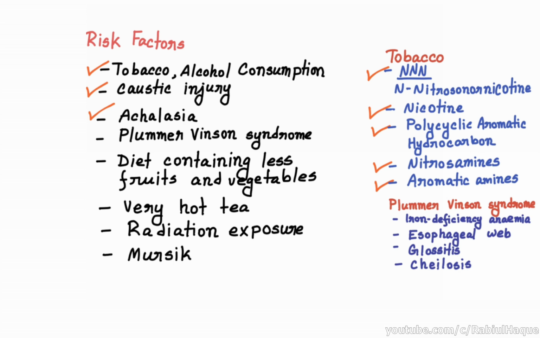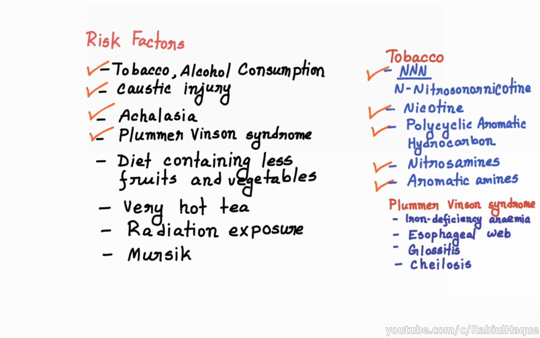The next risk factor is Plummer-Vinson syndrome, and whenever you hear this term syndrome, always remember that syndrome means symptom complex. So what is happening in Plummer-Vinson syndrome? There is iron deficiency anemia, there is esophageal web, these are ledge-like protrusions of the esophageal wall towards the lumen, there is inflammation of the tongue that is known as glossitis, and also there is fissuring of the lips that is known as cheilosis.